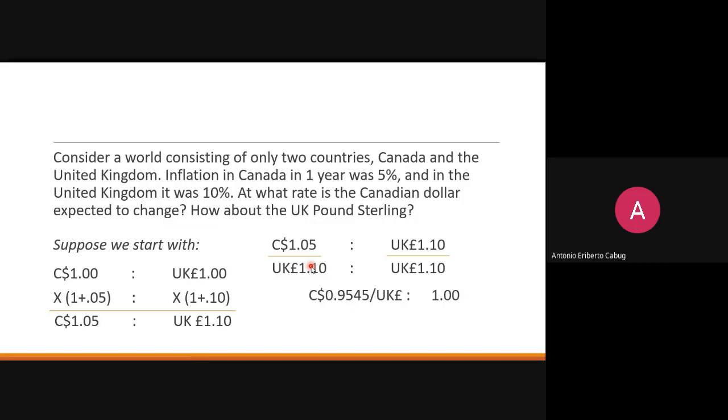You would have the following. The 1 UK pound this time is now equal to 0.9545 Canadian dollars only. In other words, at the beginning of the year, it's 1:1. The UK pound now went down in value to only 0.9545 Canadian dollars. So the UK pound depreciated by 1 minus 0.9545, 0.0455. The UK pound went down by 4.55%.